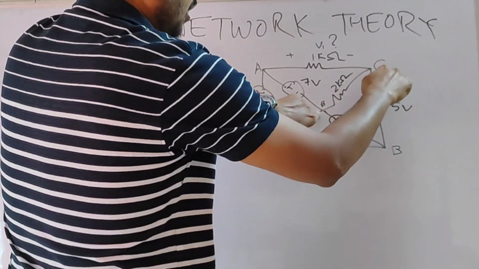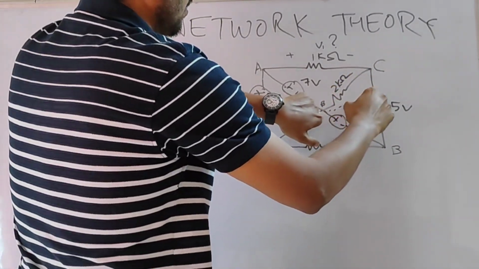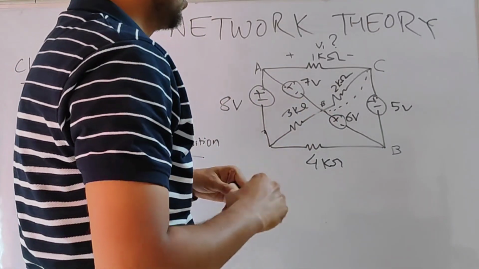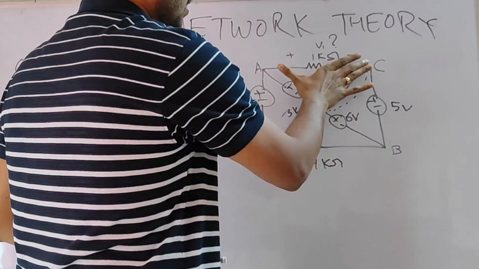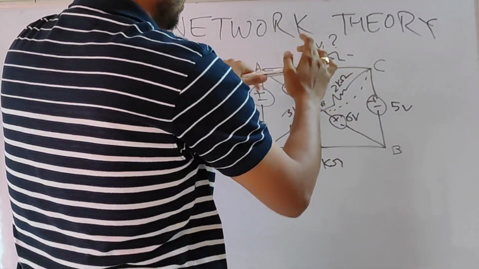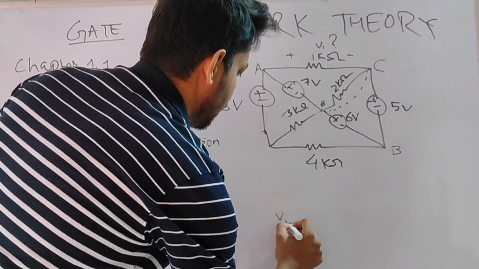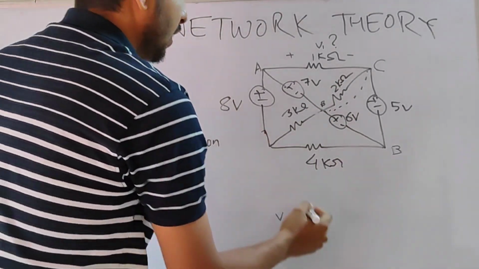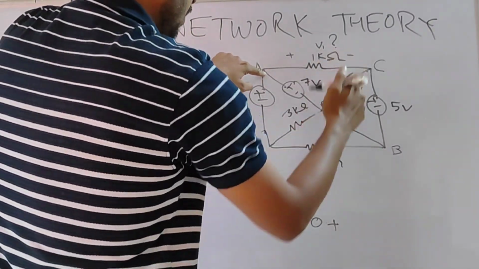If B and C are shorted, then this resistance will have no effect, so it will be connected like this. So 7 volt is directly applied here. So for V1, because of 8 volt there was 0 contribution, and because of the 7 volt we have 7 volt contribution.